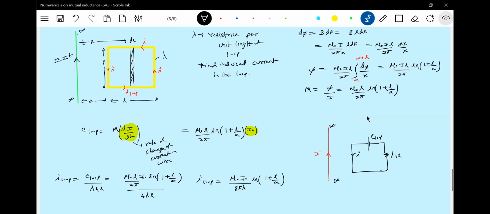There is a source of EMF, a cell, and a resistor. Agreed? This is our electrical way of thinking. This is I loop.